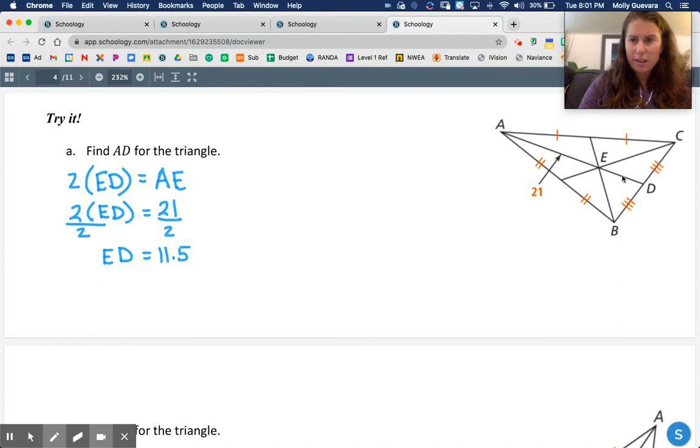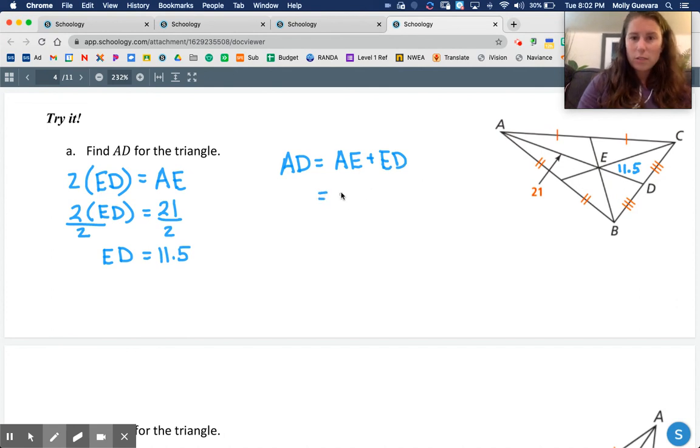And that's okay that it's a decimal. No one says it can't be a decimal. But I want to know the whole length, A to D. So AD is going to be equal to the length of AE plus the length of ED, right? The long length plus the short length.